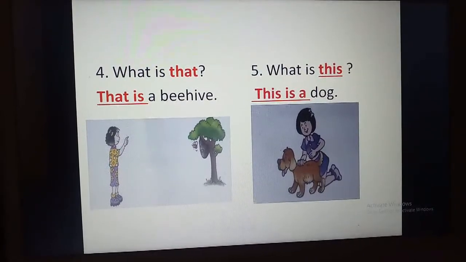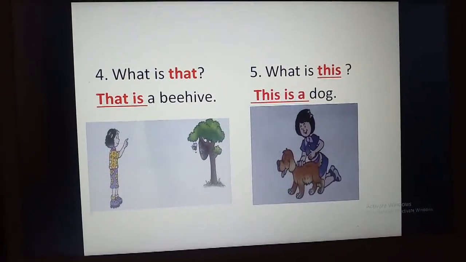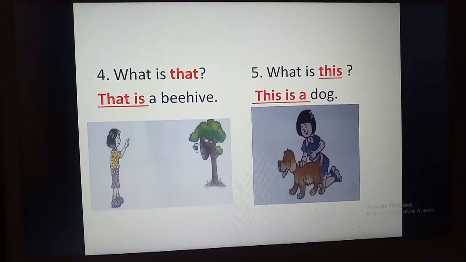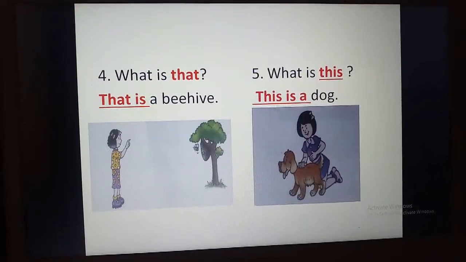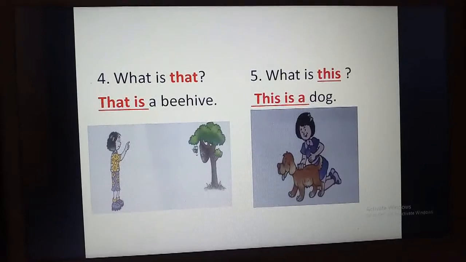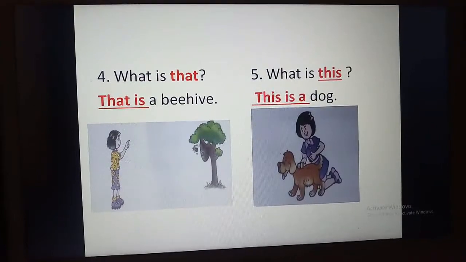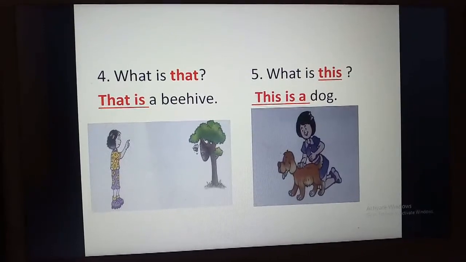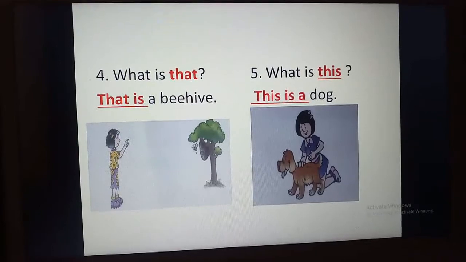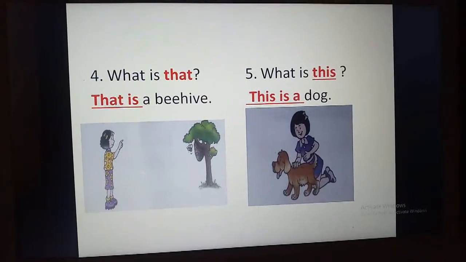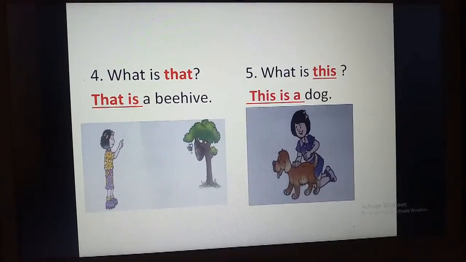Yes, the beehive is far from the girl. So, what will we write? This or that? Yes, because the beehive is far, we will write that. Correct. So, look at the sentence. What is that? That is a beehive. Understood? Because the beehive is far from the girl.